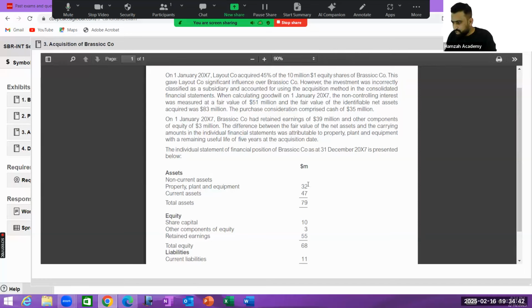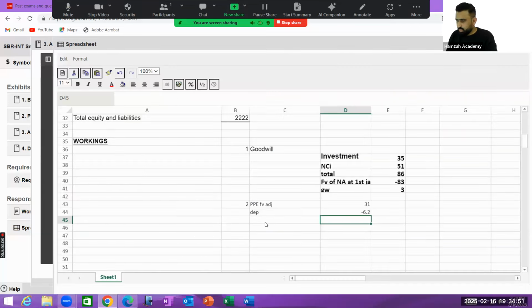And in the individual financial statement, the carrying value is 32 million. Property, plant, and equipment in SOFP is 32.